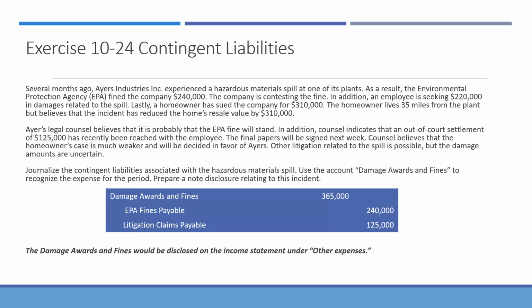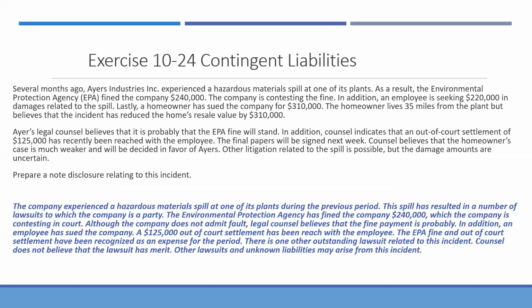It would be included in probably other expenses, unless they had a reason to include it with a particular item. And then the disclosure they would create would say the spills resulted in a number of lawsuits.